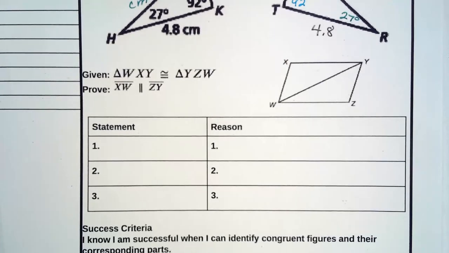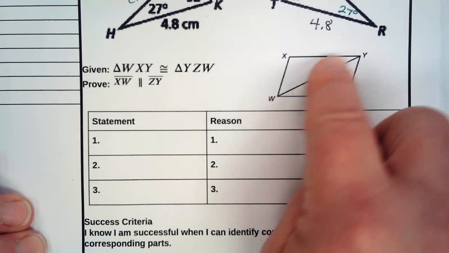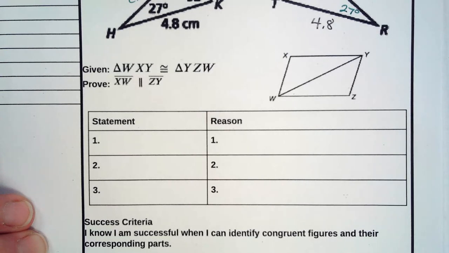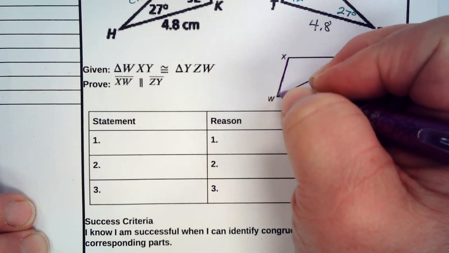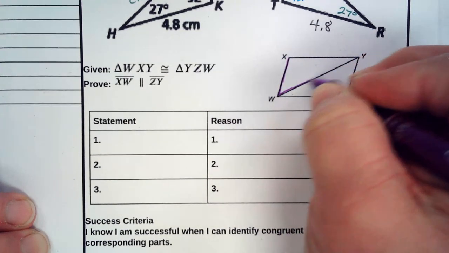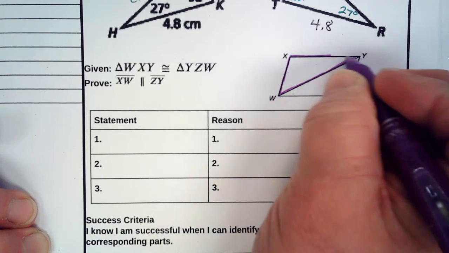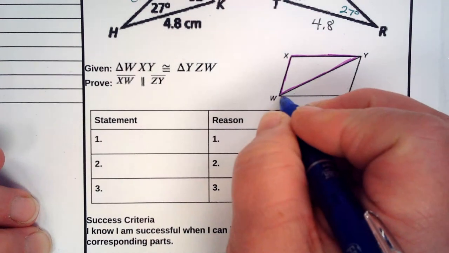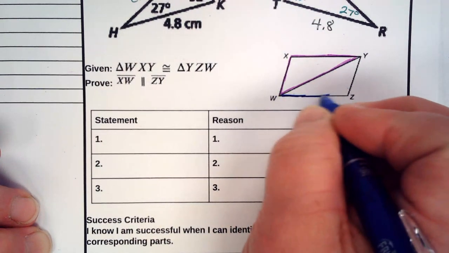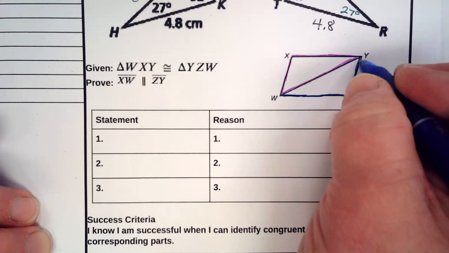Okay, with this also we take a look back at proofs and we start working with proofs again. You're starting off with the two triangles are congruent. So this triangle here is congruent to this triangle here.